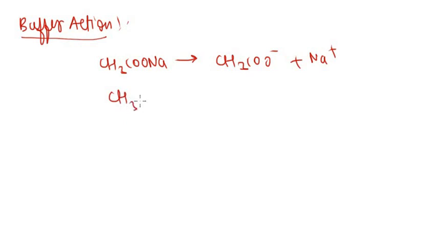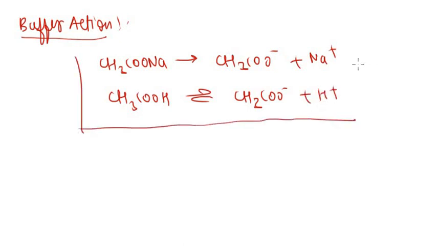And we have CH3COOH, which will form CH3COO minus plus H plus. We have both in the container. Now you add some amount of H plus and some amount of OH minus, and as we have kept observing, the pH is not changing. Now how is it not changing?